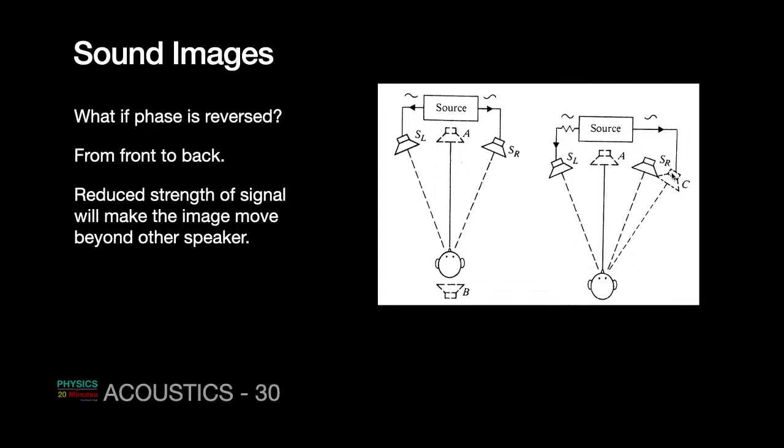Apart from this, the other parameter is the size of the image. Remember, the speaker, more or less in a large hall, can be considered as a point source of sound. So your image is also a point image.